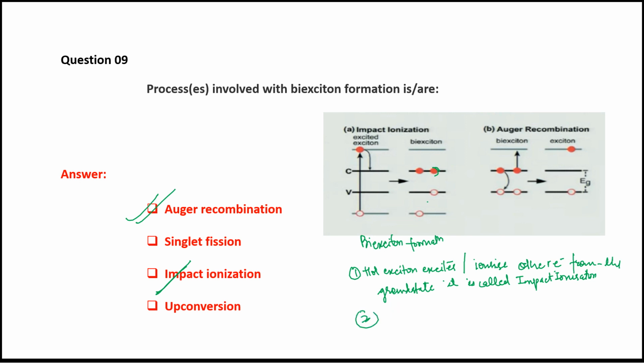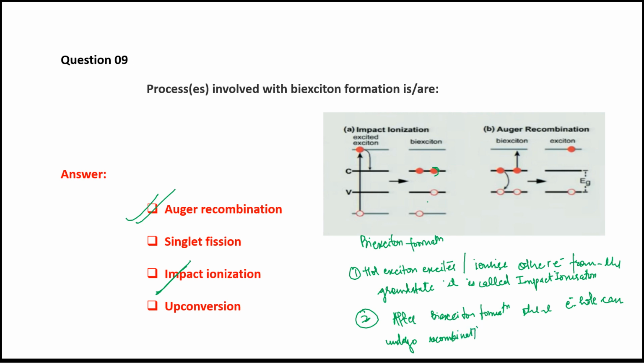The second case is after biexciton formation, the electron hole can undergo recombination.